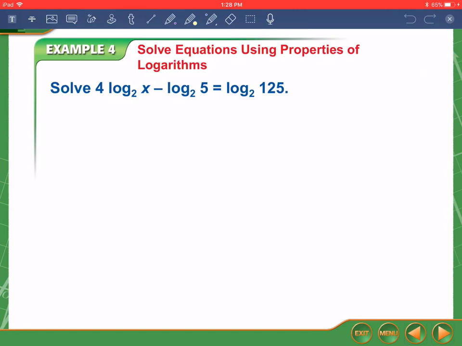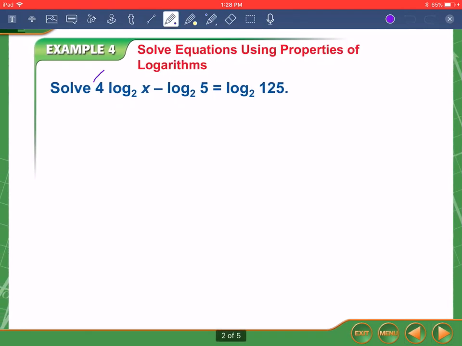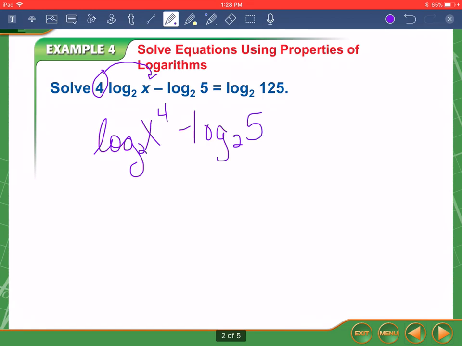What I can do here is I have a 4 out to the front, and where that 4 came from was the power property. So really I can rewrite that 4 back to the x and say that it's log base 2 of x to the 4th minus log base 2 of 5 equals log base 2 of 125.